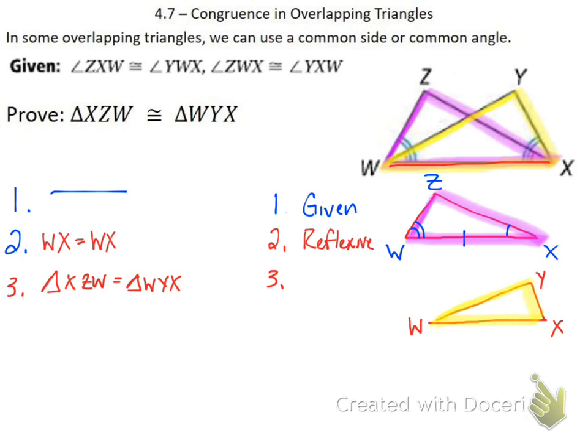Just by marking on one of the triangles, I should be able to see that that's angle side angle, because I've got two angles, and the side in between them is congruent.